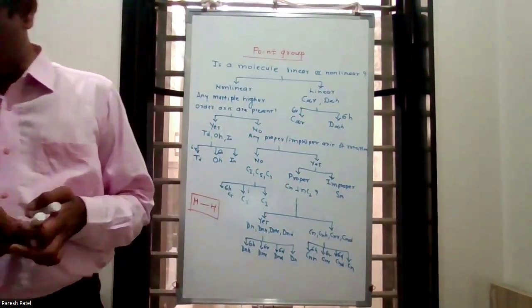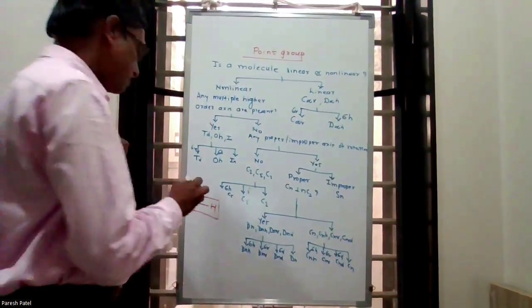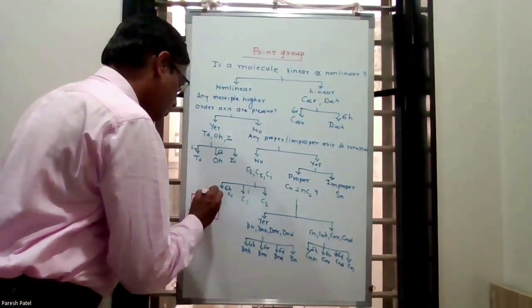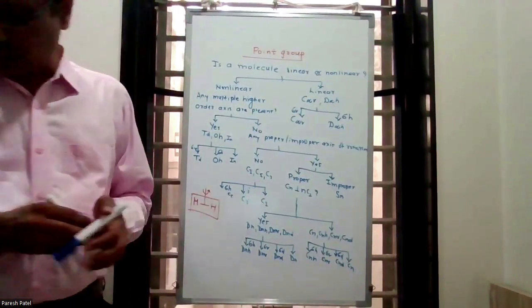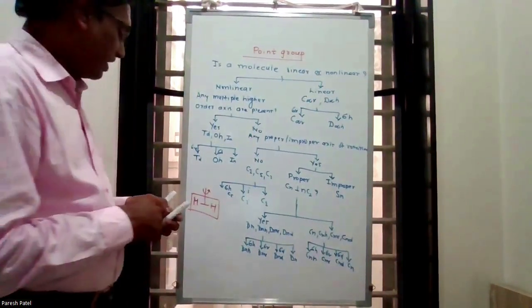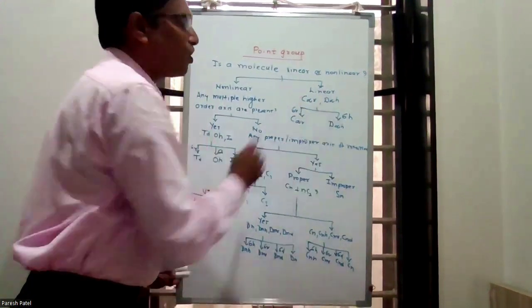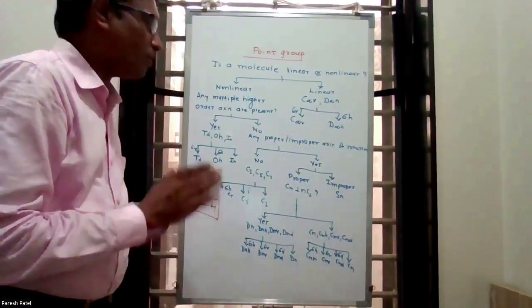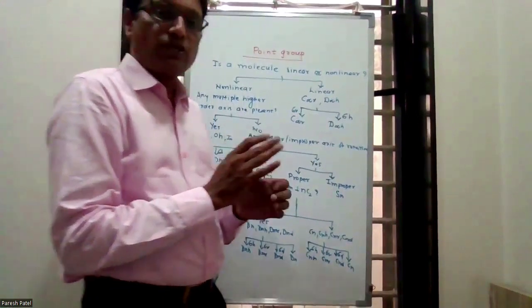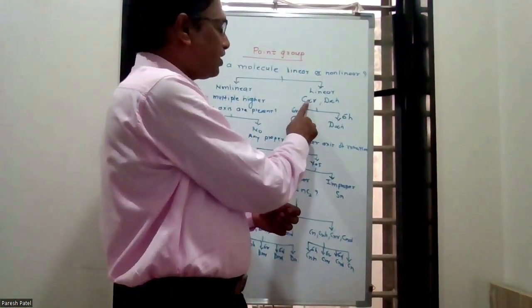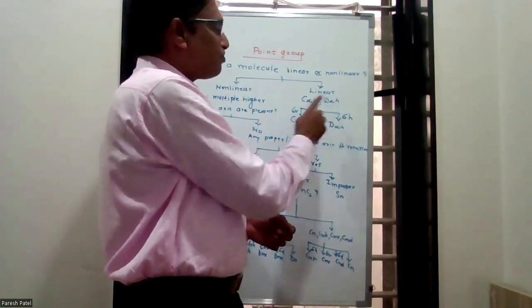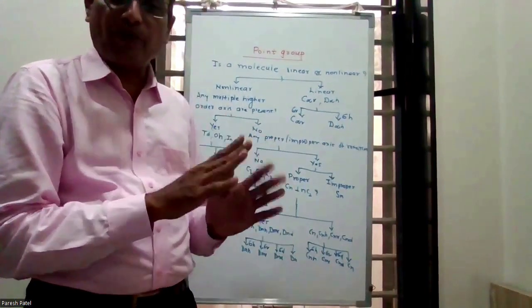First molecule is hydrogen. In case of hydrogen, we know that hydrogen is linear, so the C infinite V or D infinite H point group may be present.